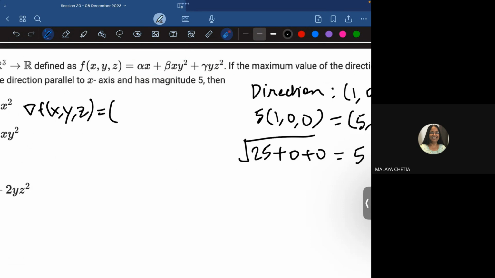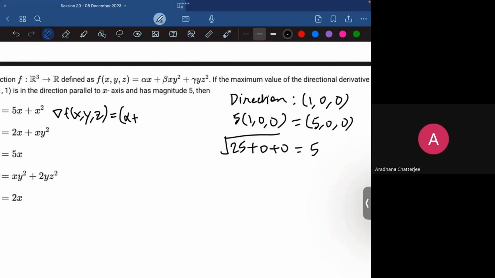Alpha plus... the partial derivative of just this with respect to x. Yeah, that is alpha plus beta y squared. Correct. Because alpha is some constant, and here also x is going to go away. So we have alpha plus beta y squared.